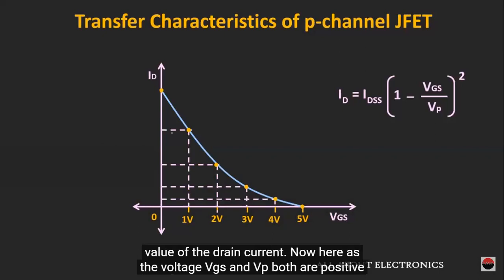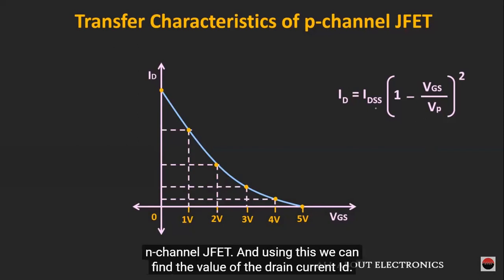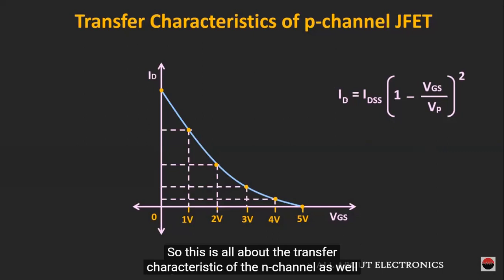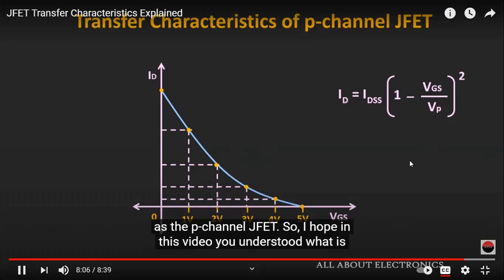Now here, as the voltages VGS and VP are both positive, we can apply the same mathematical expression that we have used for the N-channel JFET. And using this, we can find the value of the drain current ID. So this is all about the transfer characteristic of the N-channel as well as the P-channel JFET.